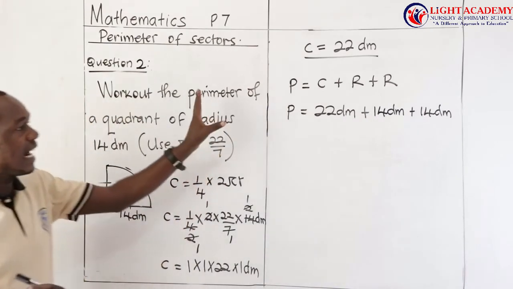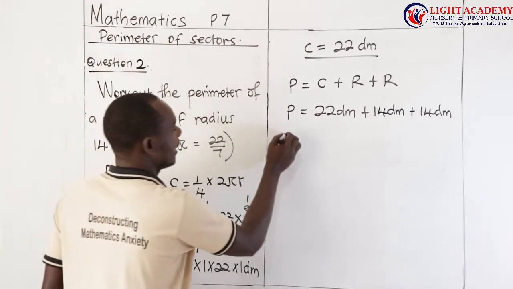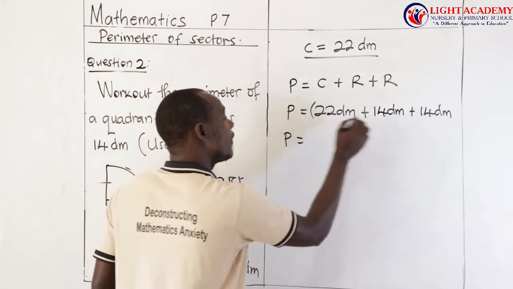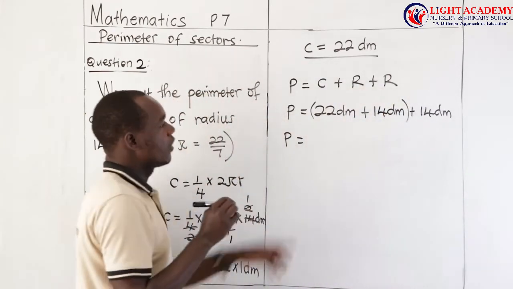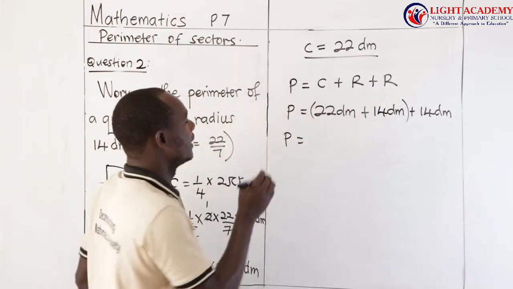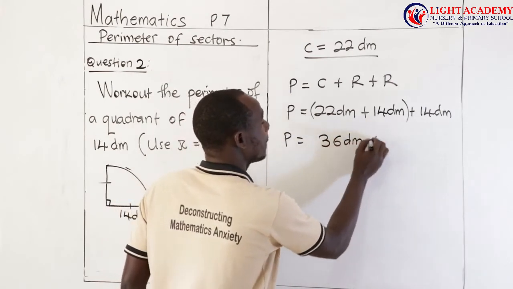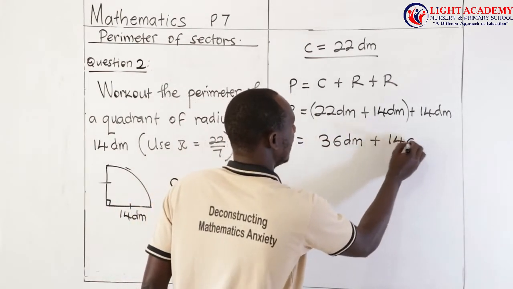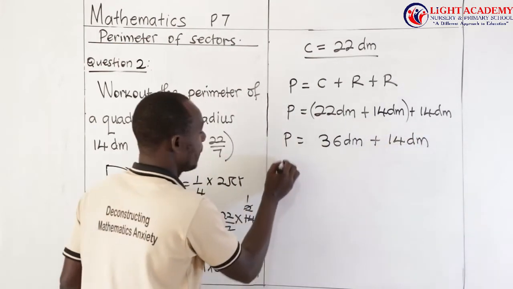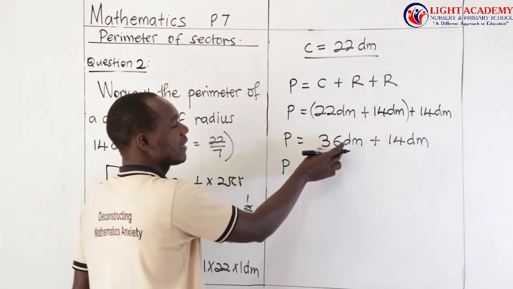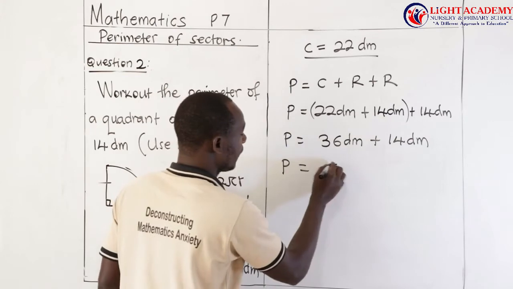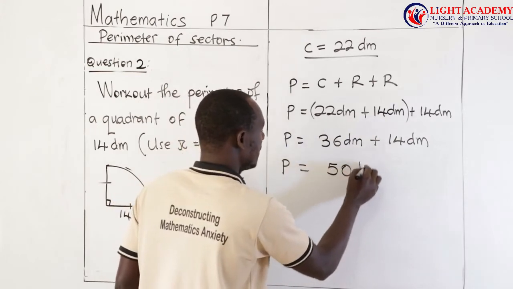Now we go ahead and add this. Our perimeter will be equal to, when I add these first two, 22 plus 14, you get 36 decimeters, then plus the other 14 decimeters. Your perimeter will be equal to 36 plus 14, you will get 50 decimeters.